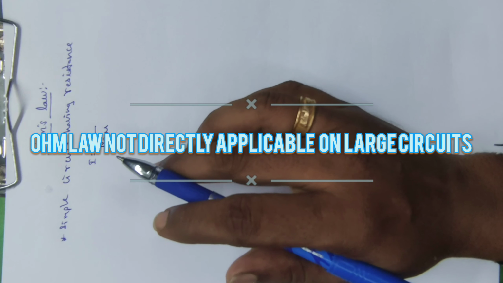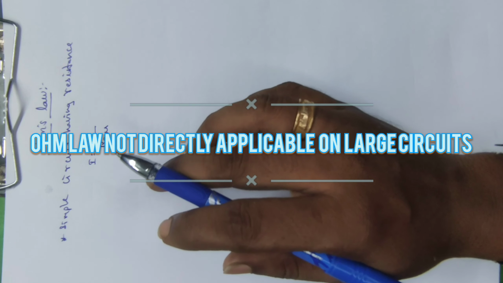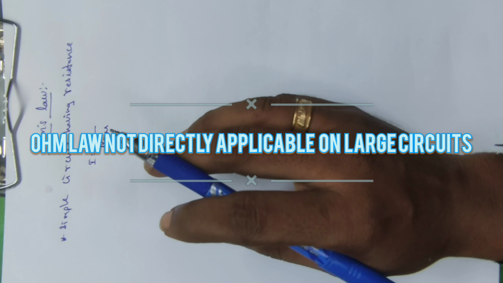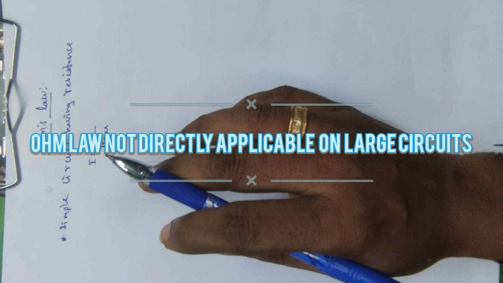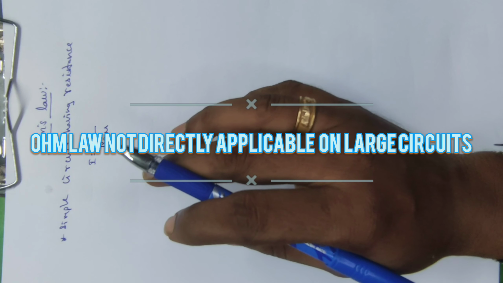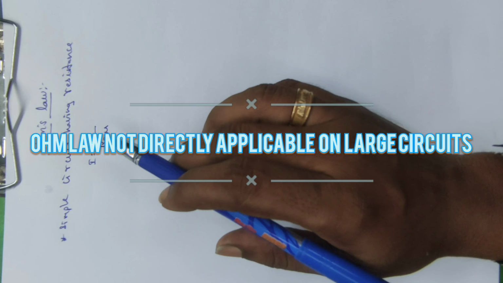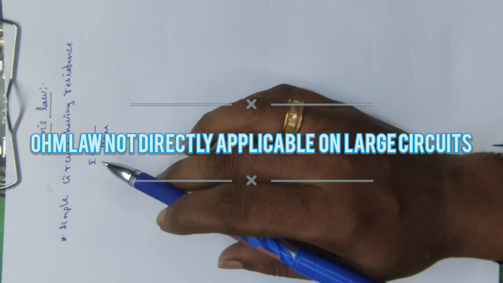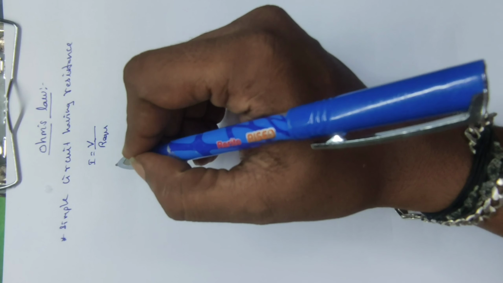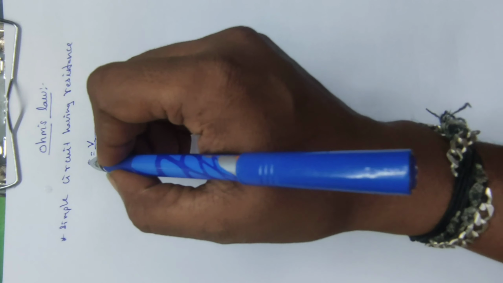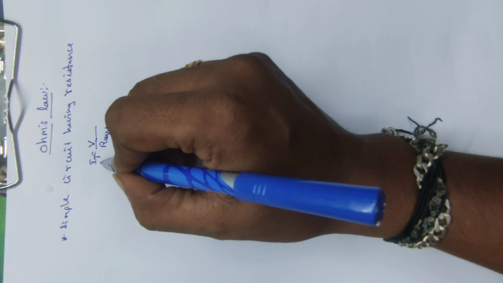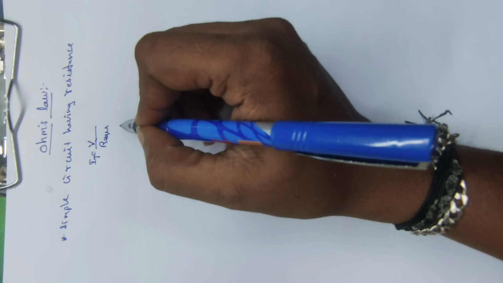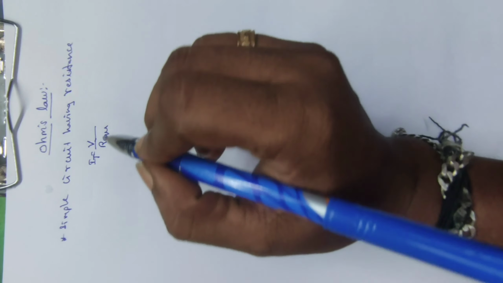We need to use the network reduction technique to reduce that larger circuit into a simpler circuit and make that an R equivalent. Finally, we introduce that R equivalent into Ohm's law to determine the current. The answer obtained from Ohm's law is the total current, because this current comes from an equivalent resistance of a complex circuit.